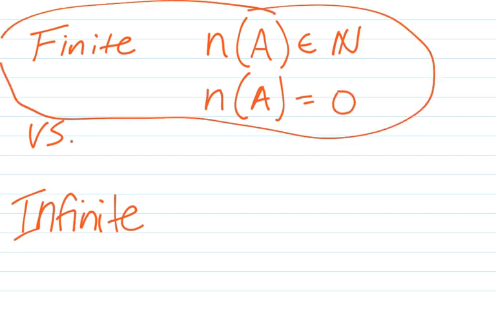Finite means that there's a set number of elements in there that you can count. Okay? Infinite is if the cardinal number is not a natural number or 0. So it's just the opposite.